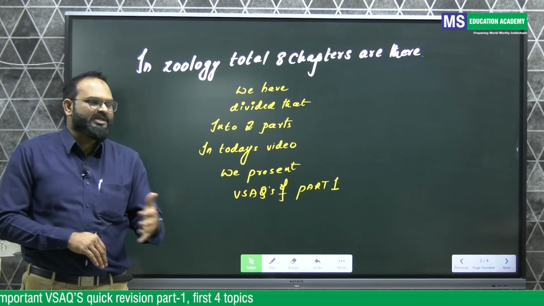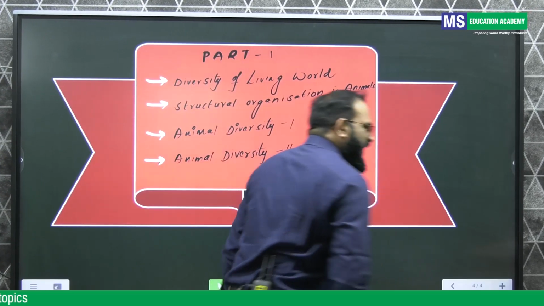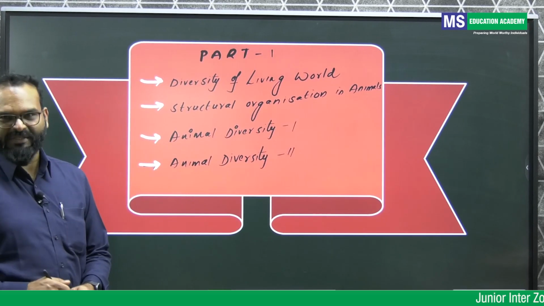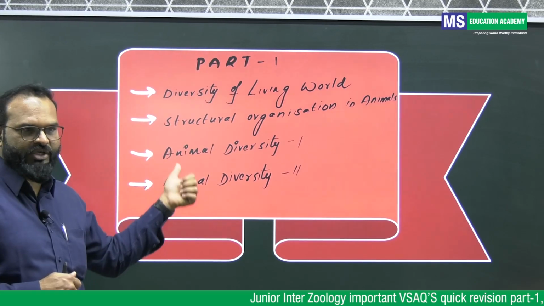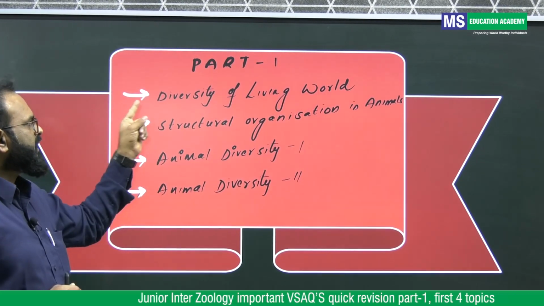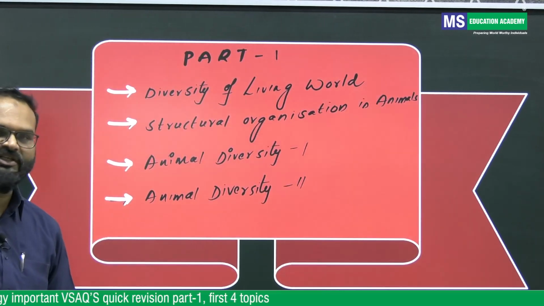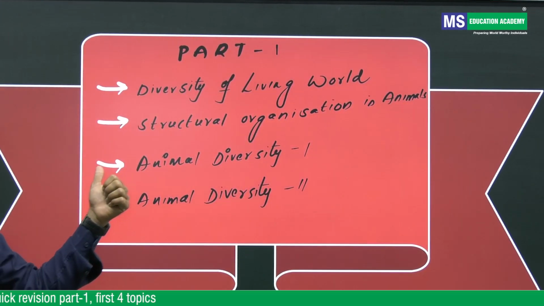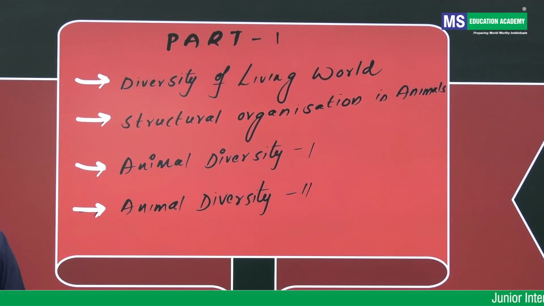Part 1 or part A, the first 4 chapters, and part B, the next 4 chapters. The first 4 chapters in part 1 are diversity of living world, structural organization in animals, animal diversity 1, and animal diversity 2.